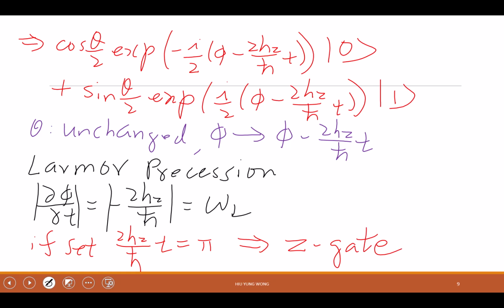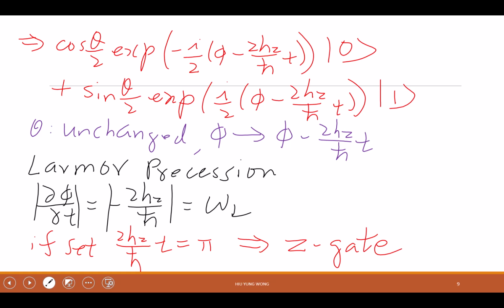Remember, the Z gate changes the phase of 1, right? If I can add a pi to it, because e to the power i pi is minus 1, then I implemented a Z gate. So here is to show you the easiest one, the basic.